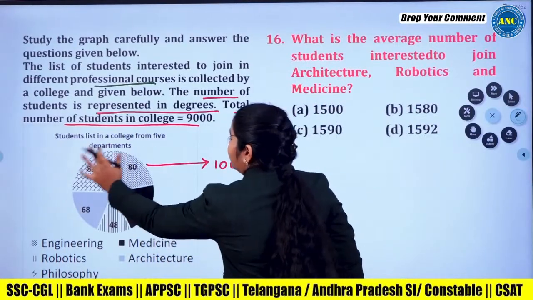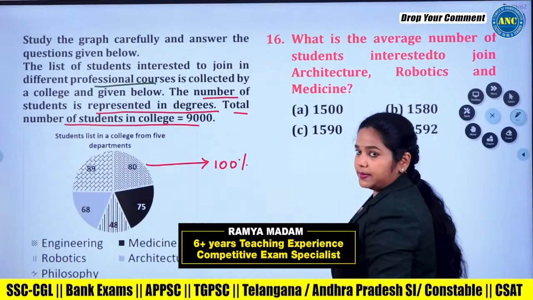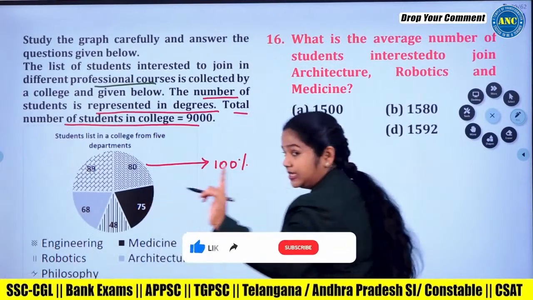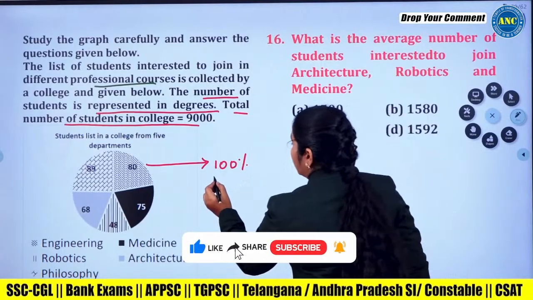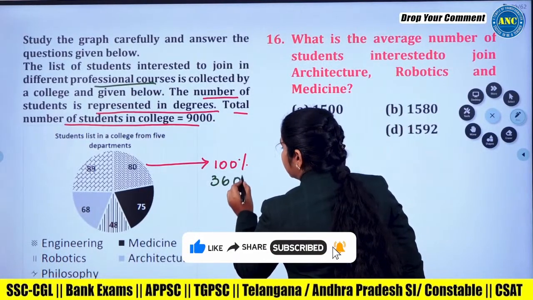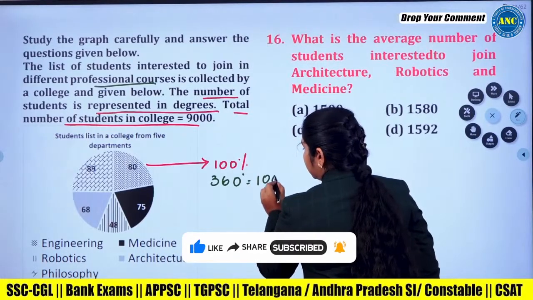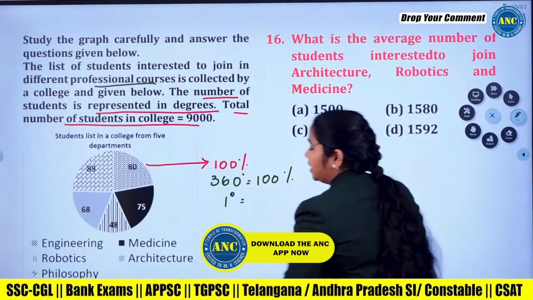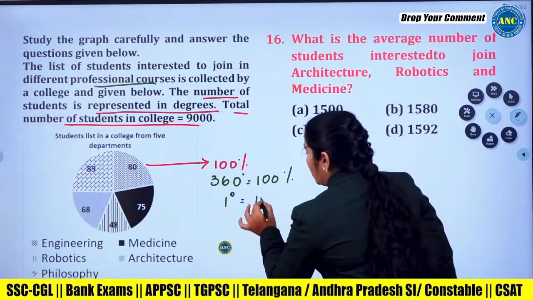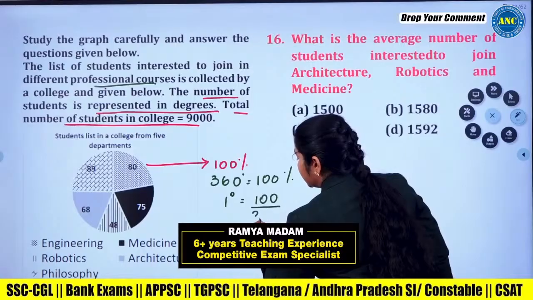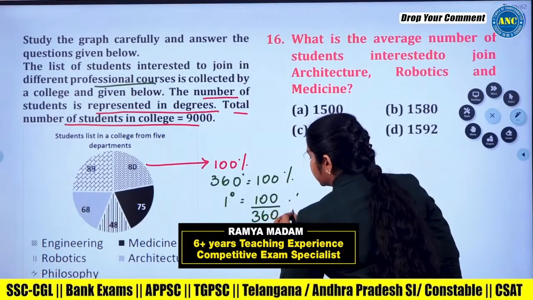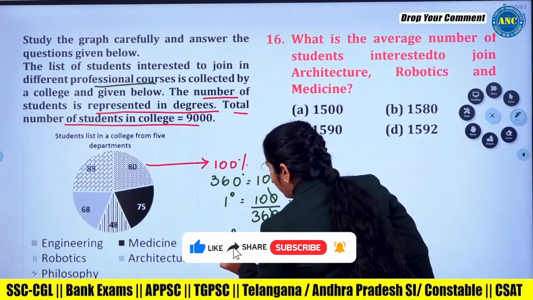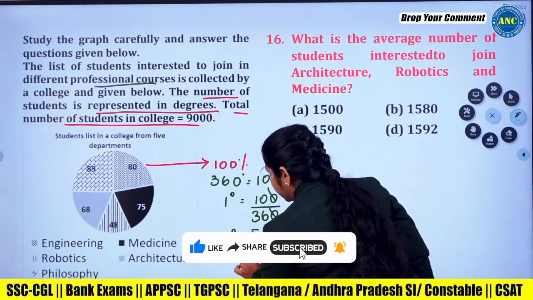We consider the complete circle to be 100%, and it makes 360 degrees. So 360 degrees is equal to 100%. Then 1 degree is equal to 100% by 360, which gives 5 by 18.